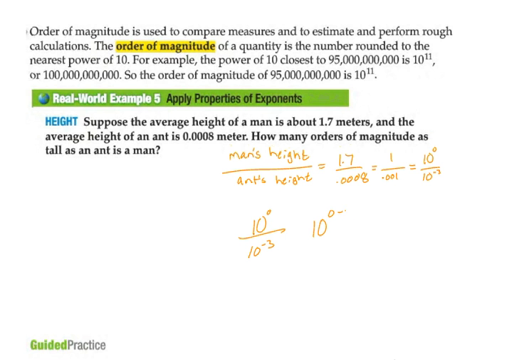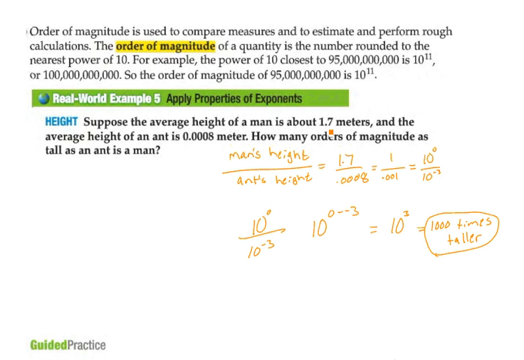We know that means we keep our base and then we subtract our exponents. So what is 10 to the 0 minus -3? 10 to the third. What does that mean? Again, we are comparing their height. So 10 to the third is 1,000 times taller. Order of magnitude.